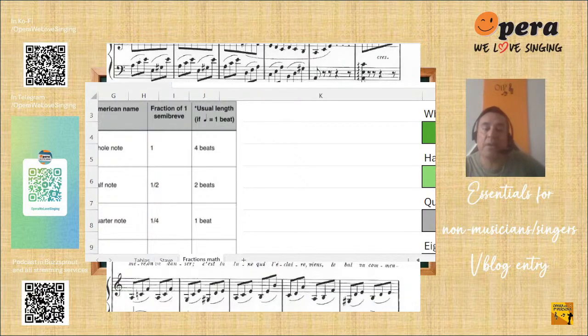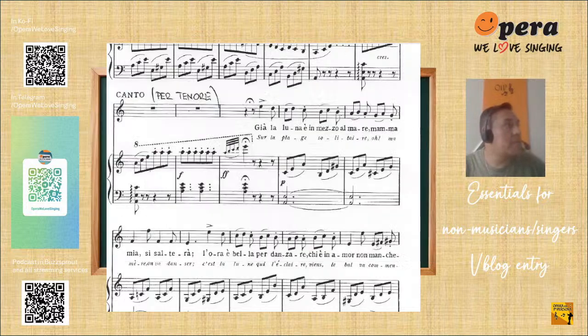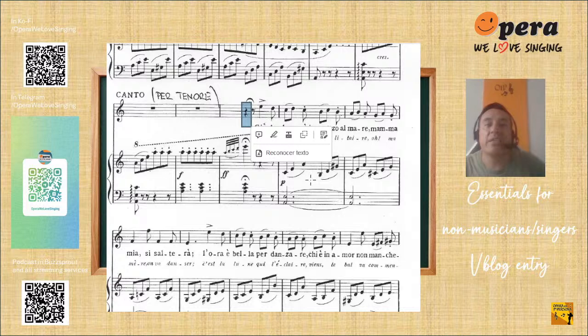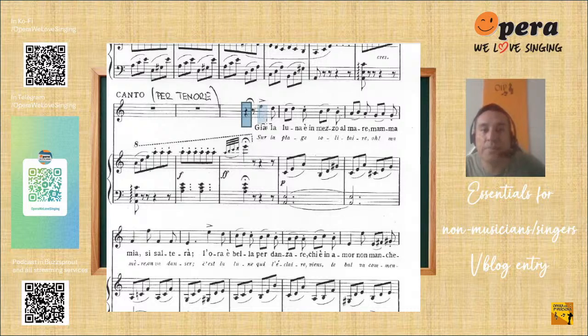As we start, because it's much easier to read it here, let me hide the Excel. If we go back to the score of this tarantella, we said that we're expecting to find 6. We have, count with me, this one is what? Try to recall. This one is the silence of this one, and these are quarters.